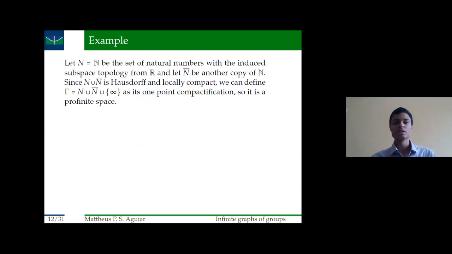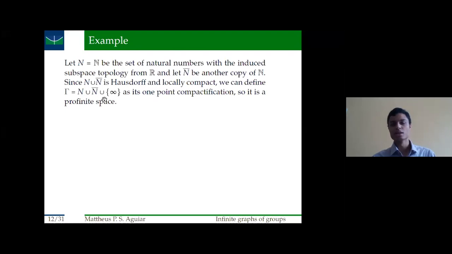So to understand this, we present an example. Let N be the set of natural numbers with the induced subspace topology from R, and N bar be another copy of N. So now this union of N with N bar is Hausdorff and locally compact. So we can define gamma as the one-point compactification of this space.